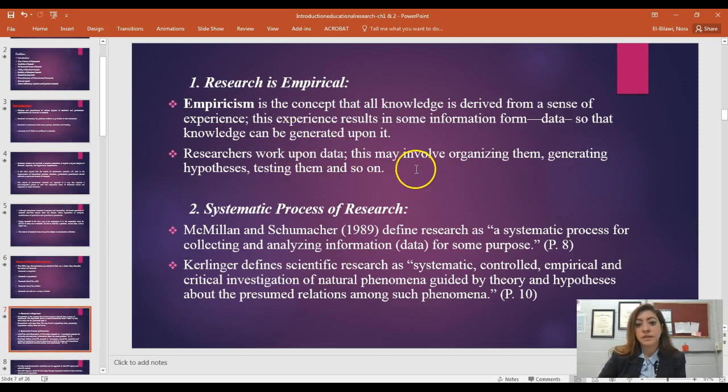Researchers work upon data. This may involve organizing them, generating them, and testing them. So in order to have an empirical research, you have to experience some sort of field experience and discuss it. But not only that, you really have to make sure that you're organizing your data that's collected, or that you're collecting, and the results that you are coming up with under a specific organized process that follows the elements of a research.